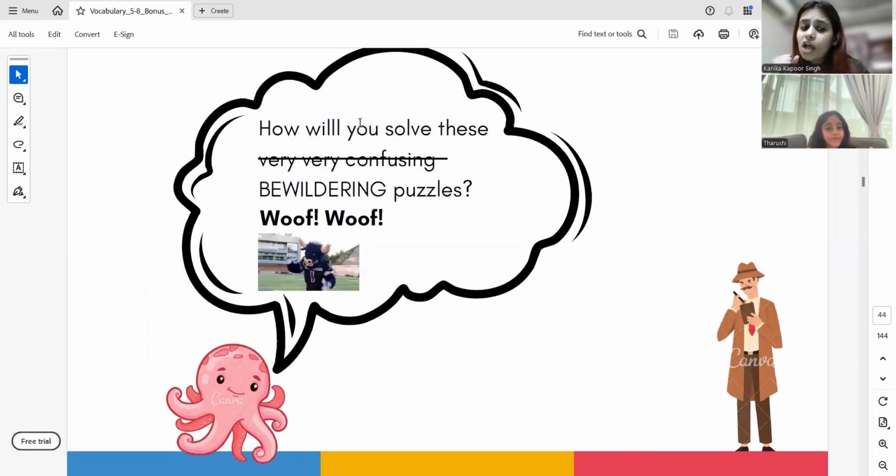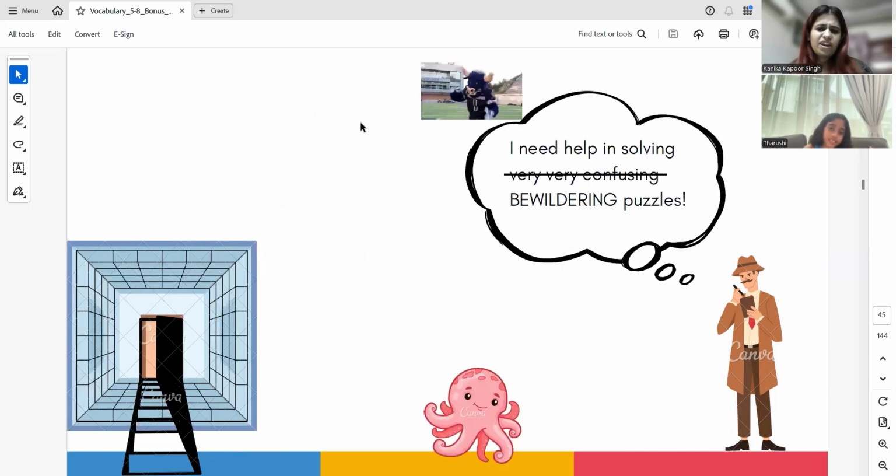How will you solve these bewildering puzzles? Woof, woof. So the octopus asked, how will we solve these bewildering puzzles? So Sherlock Holmes was very intelligent, but he needed help in solving bewildering puzzles. Sherlock cannot do everything all alone.